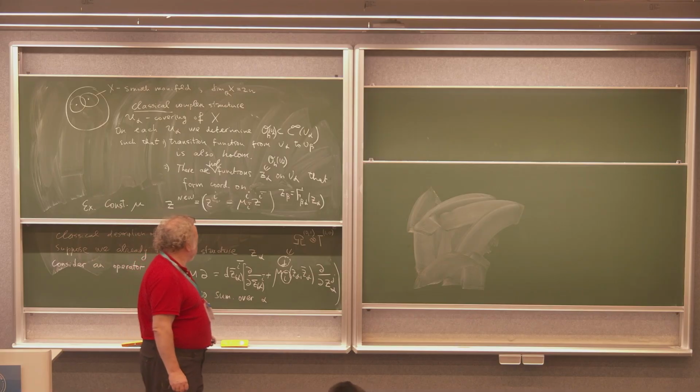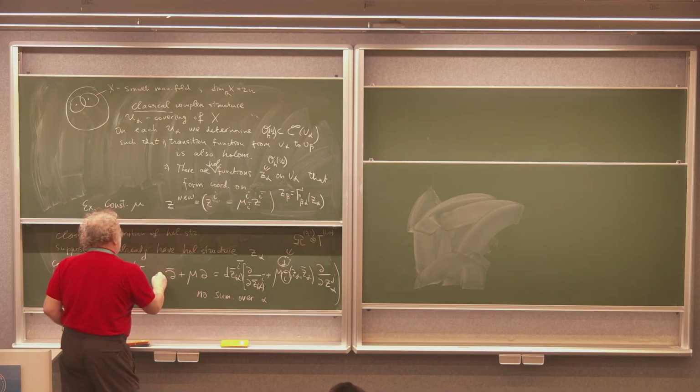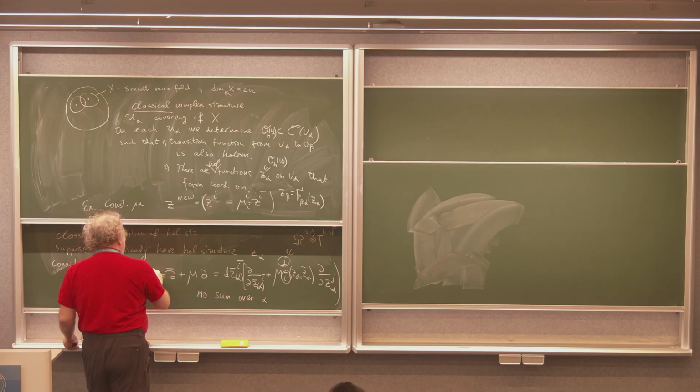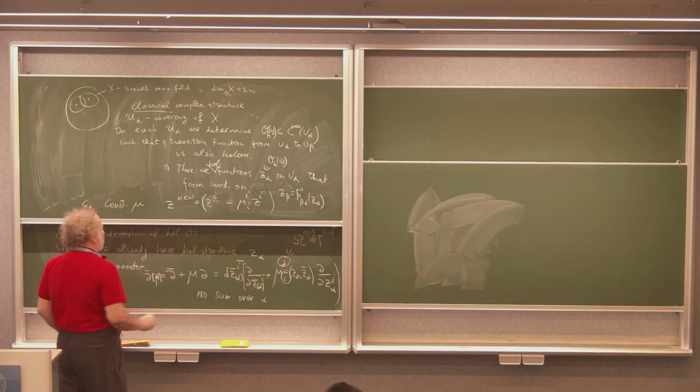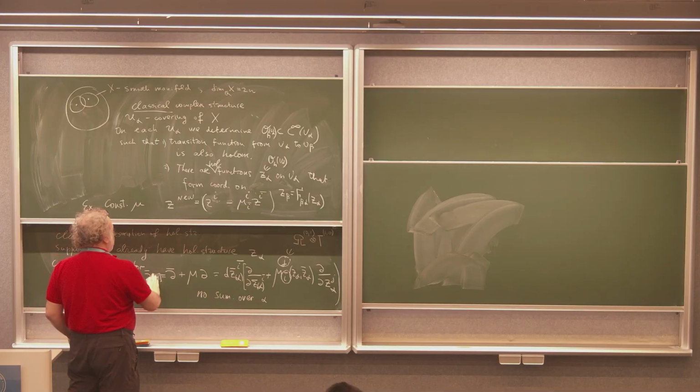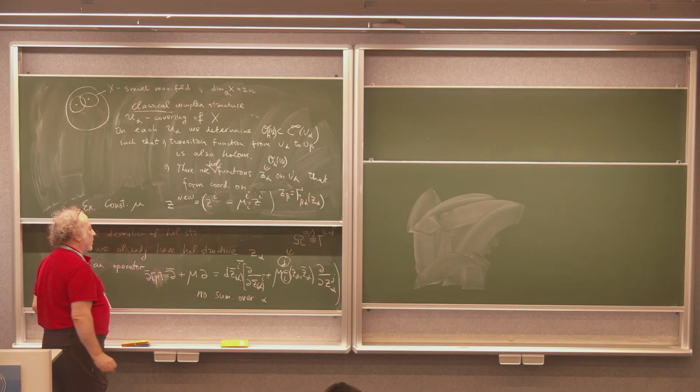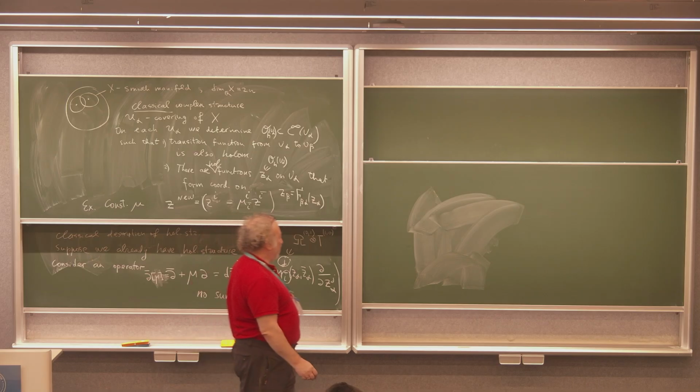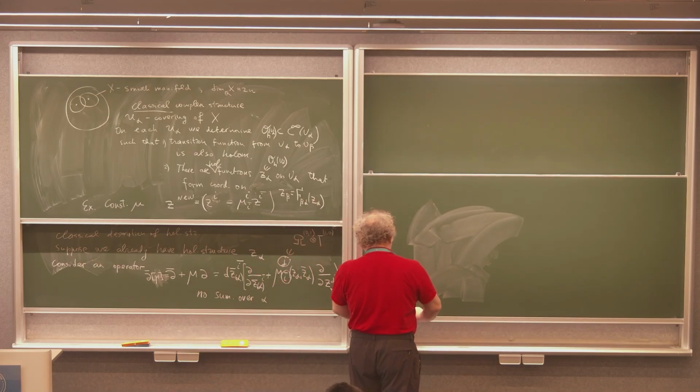Now, let me call this operator d bar mu. Unfortunately, there is no good system to write it down. Okay, I will write it. Because mu sometimes denotes coordinate system. So I write it like this, in the square bracket. Now, I have a condition.